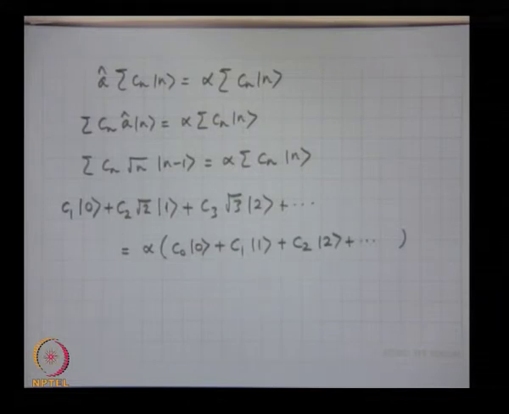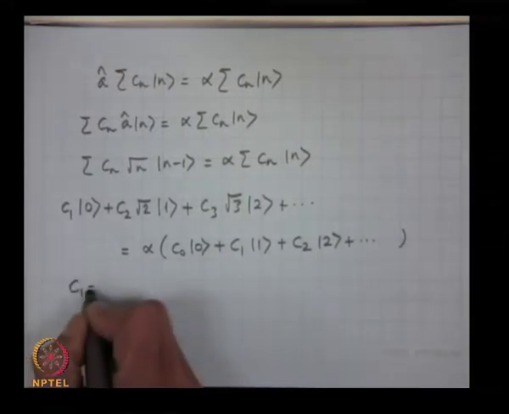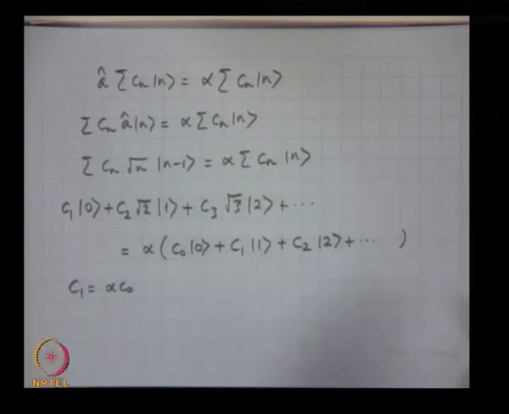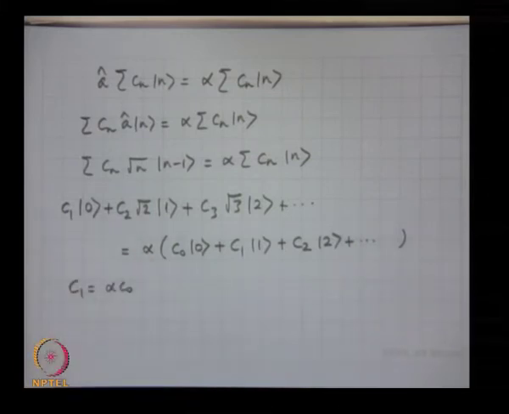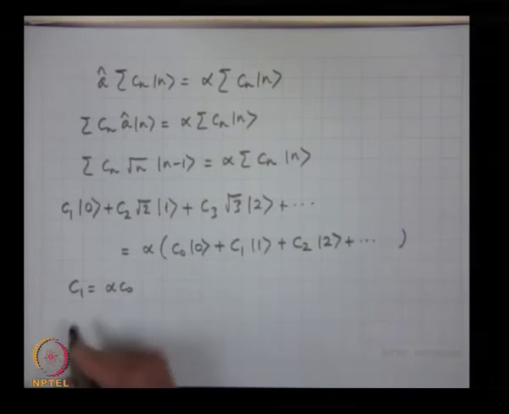Now note, if I multiply both sides by bra 0, I will get C1 equal to alpha C0 because all other terms will vanish. What I'm essentially stating is that the coefficients of the 0 ket on both sides must be the same, and the coefficient of the n ket state must be the same on both sides. So C1 is alpha C0.